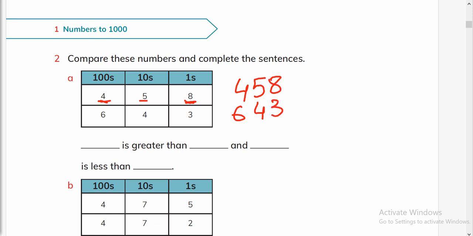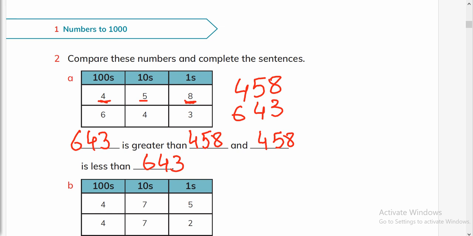Now they are saying compare these numbers. So which number is greater? 643 is greater than 458 and 458 is less than 643.